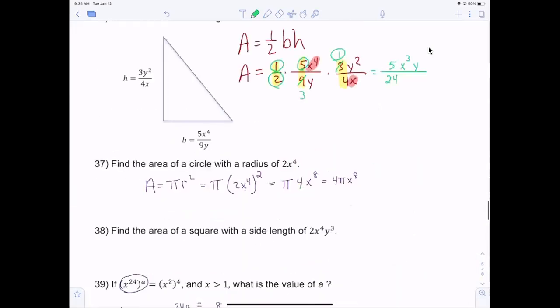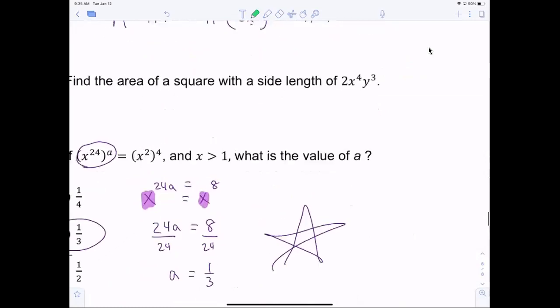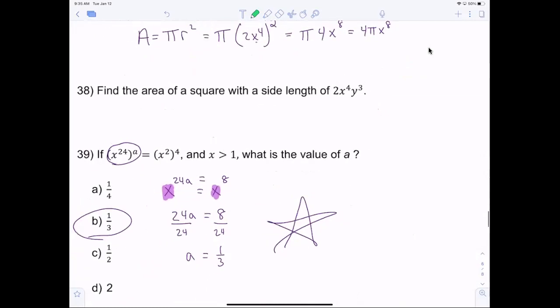All right, here we go. 38. Lily, tell me. You remember how to find area of a square? Yeah, and in this case, it's exactly the same.